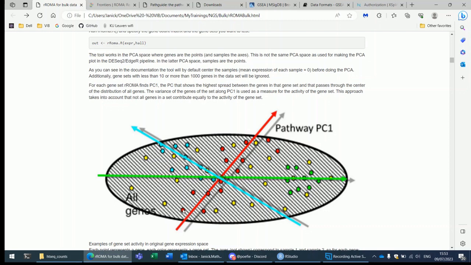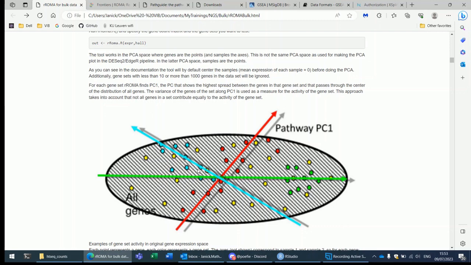It will calculate the spread for the red points on the red line, and then it will take a random gene set. So it will take a yellow point here, a blue here, a red one, a green one, another yellow one, and here another yellow one. It will project these onto the red line and calculate the spread of these random gene sets. And it will compare them.